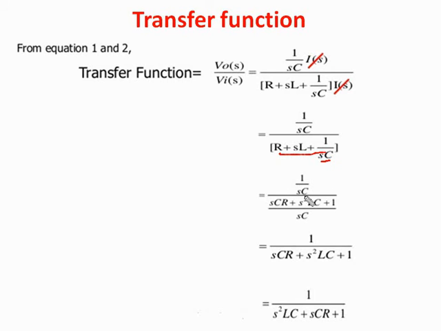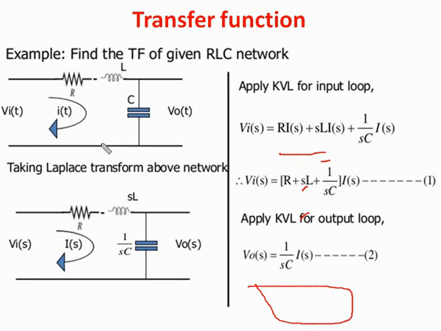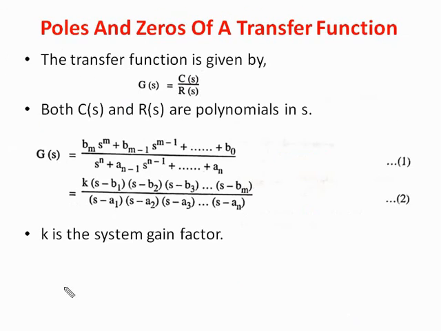The sC cancels out, and the remaining is 1 over (sCR plus s squared LC plus 1). Rearranging, the transfer function is 1 over (s squared LC plus sCR plus 1). So this is the transfer function of this network.